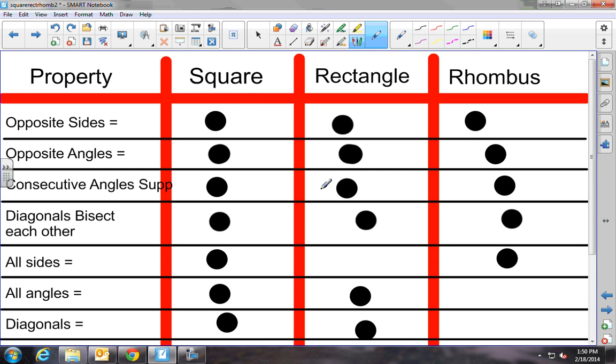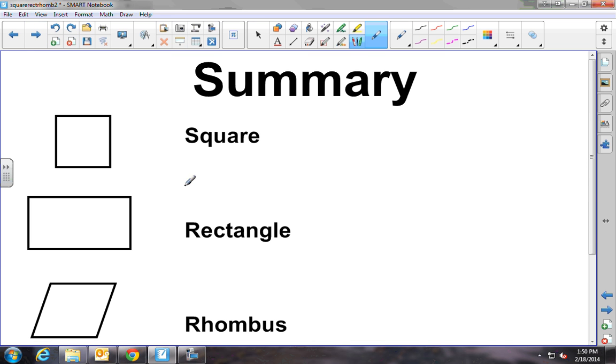Okay, so you might pause and jot this down, and let's just summarize here. We've learned about squares, rectangles, and rhombuses. We know that all three shapes exhibit the properties of all parallelograms, in that opposite sides are congruent, opposite angles are congruent, consecutive angles are supplementary, and diagonals bisect each other.